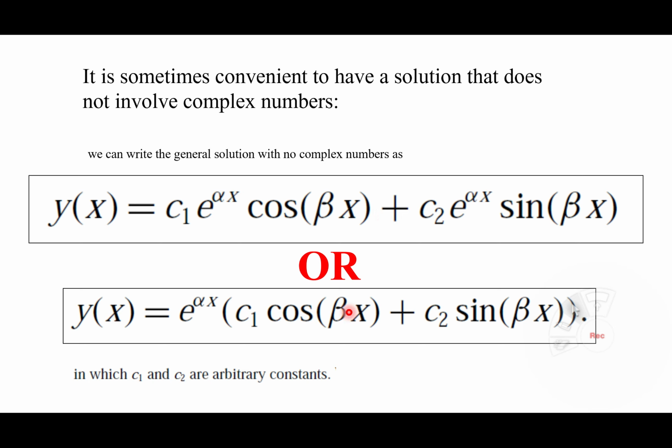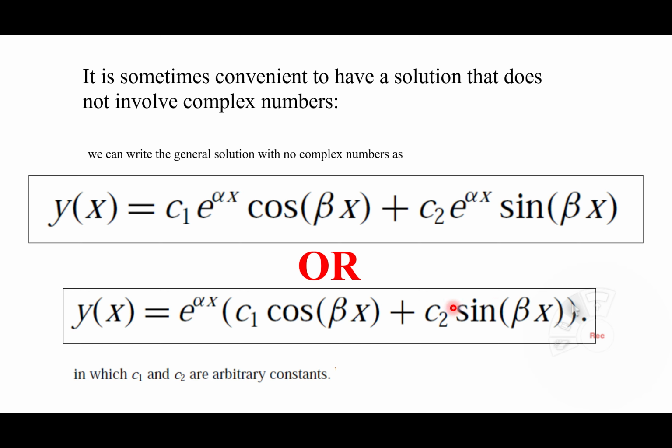Or we can say y of x equals e to the alpha x times C1 cosine beta x plus C2 sine beta x. This is the same because we have just taken e to the alpha x as a common factor. This is the most common form that we usually use.